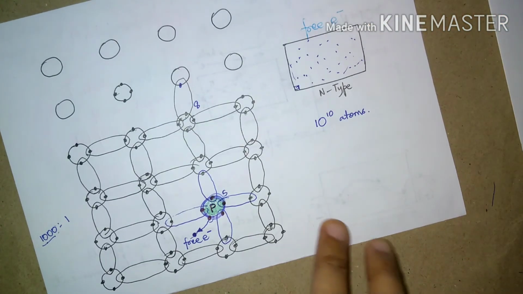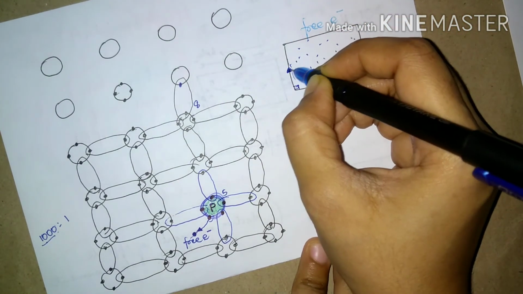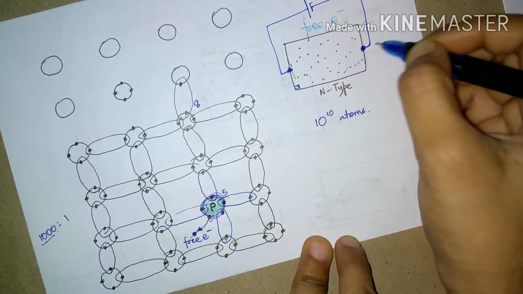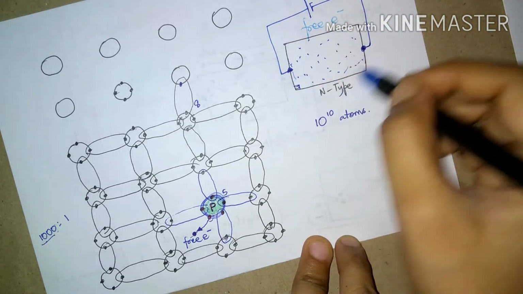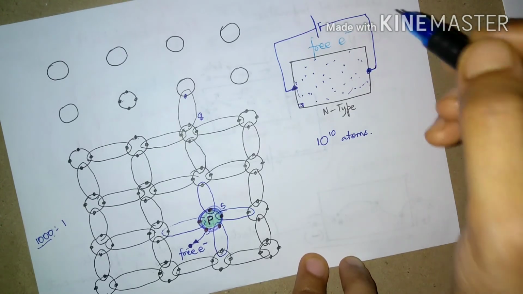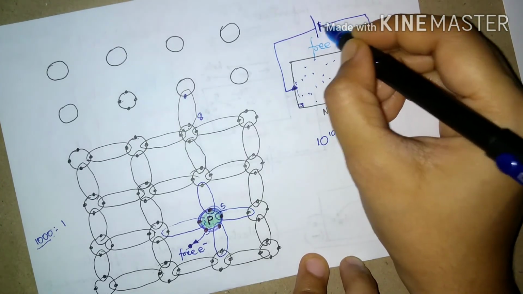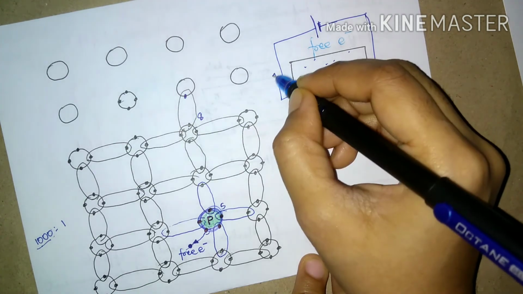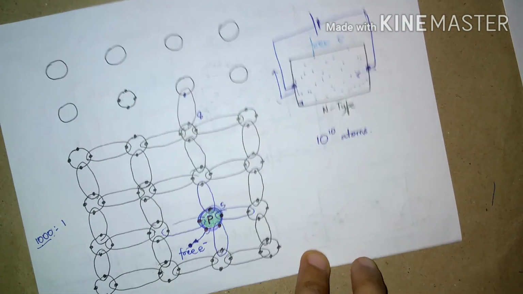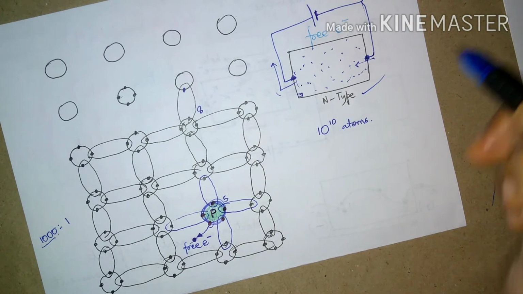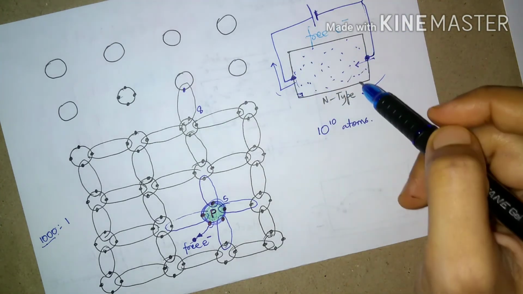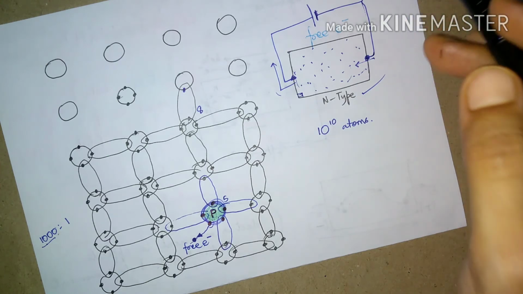Now whenever this free electron is given some supply, like positive and negative, in this condition, doesn't this conduct? It will very well conduct, and the negative terminal repels all the electrons and the positive terminal sucks all the electrons. Now you are sure that whatever is happening inside this n-type is going to happen for sure.